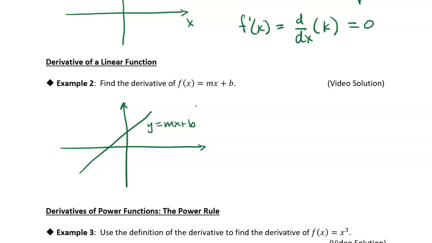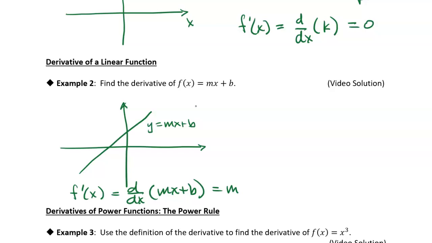So we can say that f prime of x, the derivative d dx of mx plus b, is just going to be m. We can reason that out just from the fact that the average rate of change between any 2 points on a line is always going to be the same. And so the instantaneous rate of change is going to be the same, and the derivative is the same anywhere on this line. It's always a constant m, whatever the slope is.